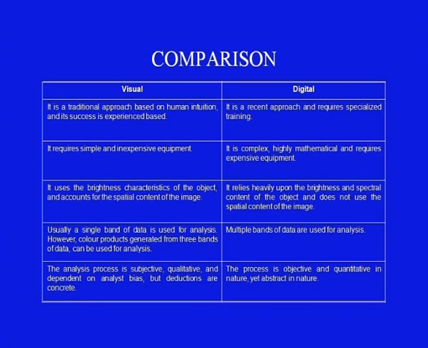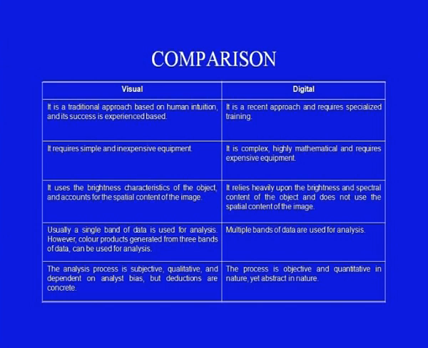Visual interpretation is simple and requires simple and inexpensive equipment, whereas digital image processing is complex, highly mathematical and requires expensive equipment. In visual interpretation, the brightness characteristics of the object and the spatial content of the image are accounted for, whereas digital relies heavily upon the brightness and the spectral content of the object and does not use the spatial content of the image.